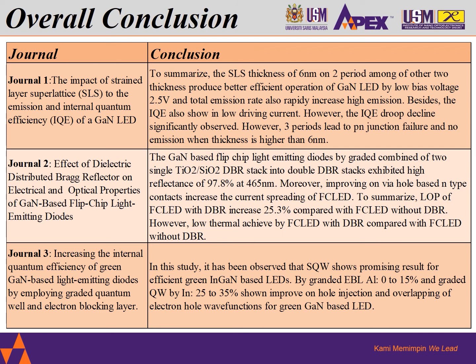Moreover, the improved via hole-based N-type contact increased the current spreading of the flip-chip LED. To summarize, light output power of flip-chip LED with DBR increased 25.3% compared with flip-chip LED without DBR. However, lower thermal resistance was achieved by flip-chip with DBR compared with flip-chip without DBR.